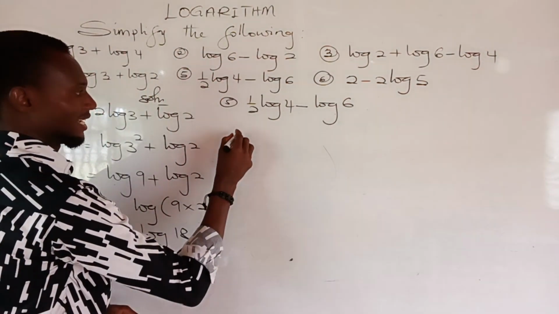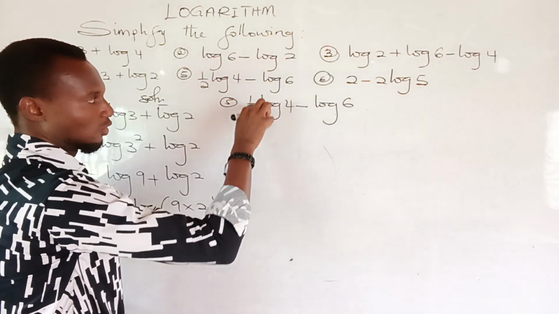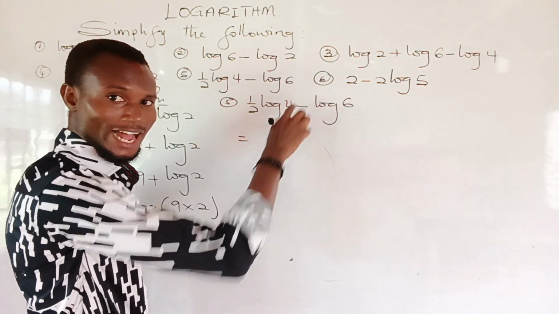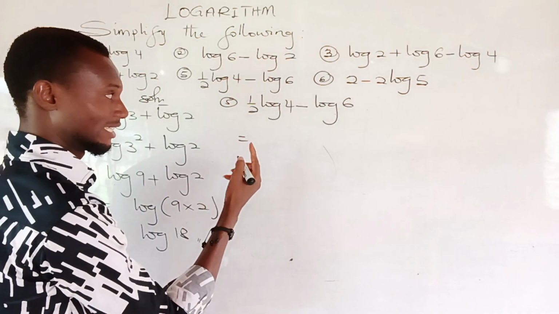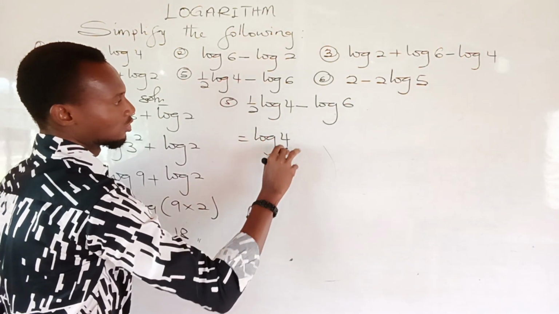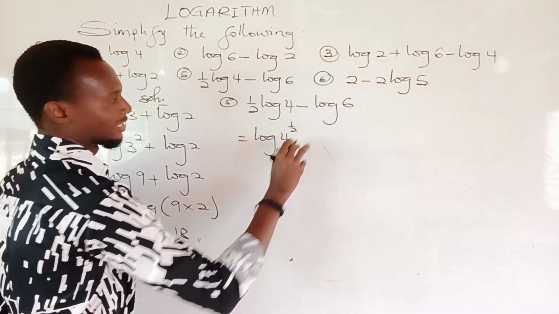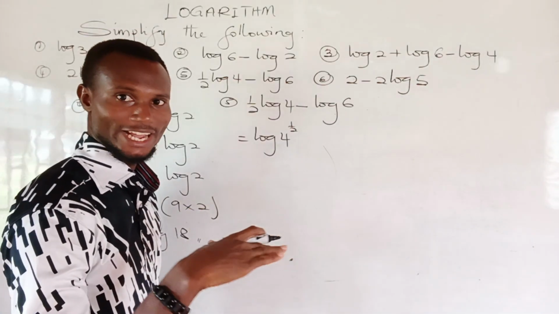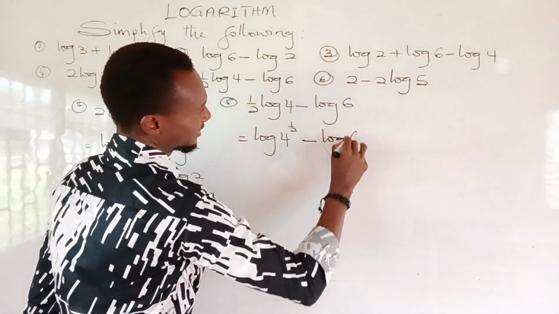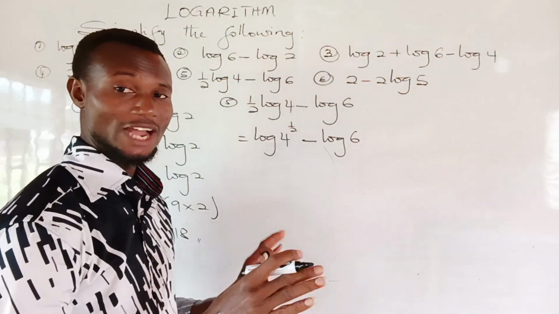Okay, so let's start. This 1 over 2 will come and become a power to the 4 here, as we applied here. The same thing. So I'm going to write this one as log 4 to the power 1 over 2, minus log 6. That's the first step. Are you okay with it?